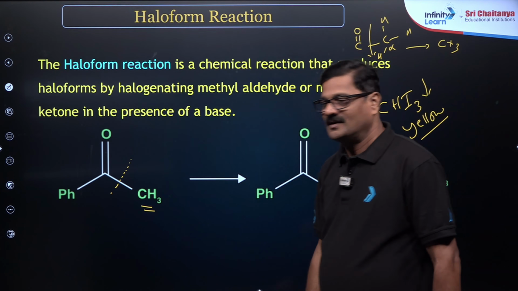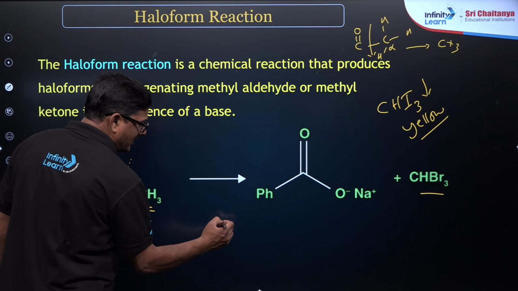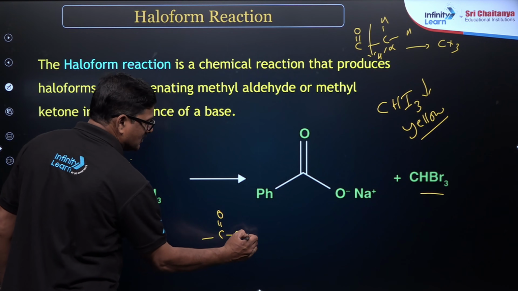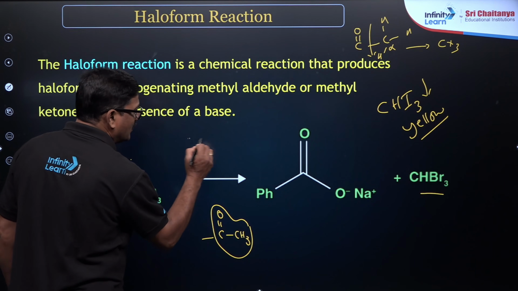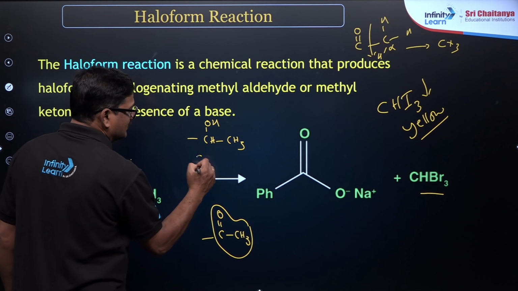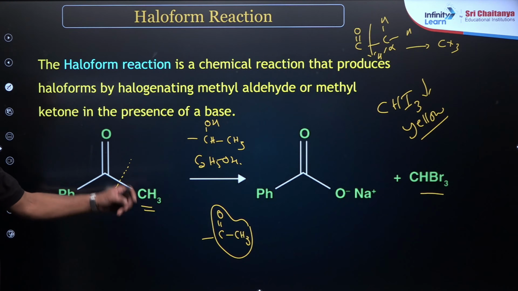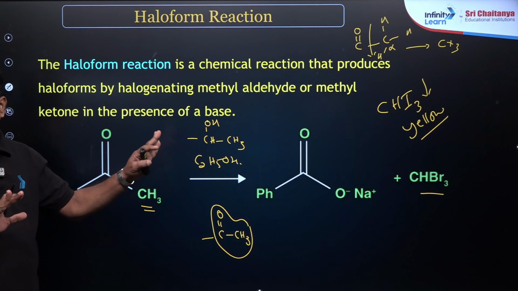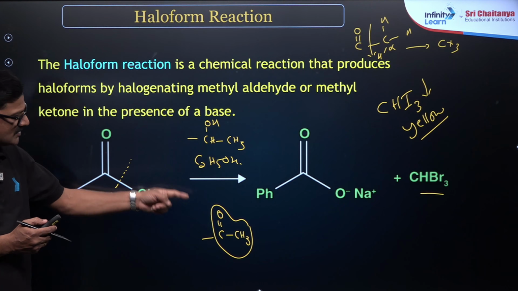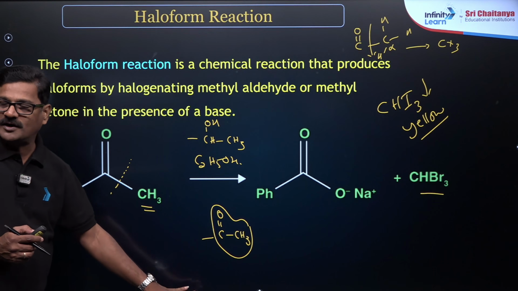And the condition for iodoform is that any group containing this can give iodoform, and ethyl alcohol is also going to give iodoform. Whenever iodoform or a haloform comes up, you have to look for this or this or this. If it is there structurally, it is going to give the product like that.